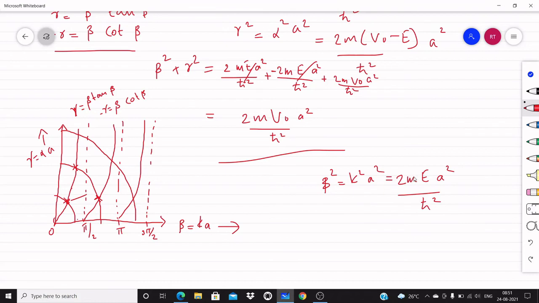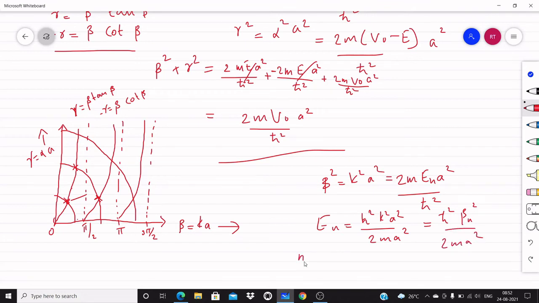Okay, so if we give suffix n, the quantum number n, you have En is equal to h cut square k square a square by 2m a square, and if you apply ka is equal to beta n, so it is h cut square beta n square by 2m a square.